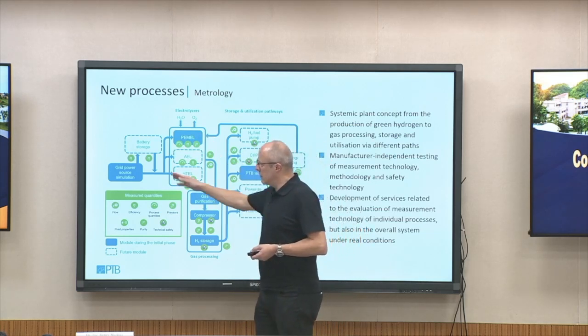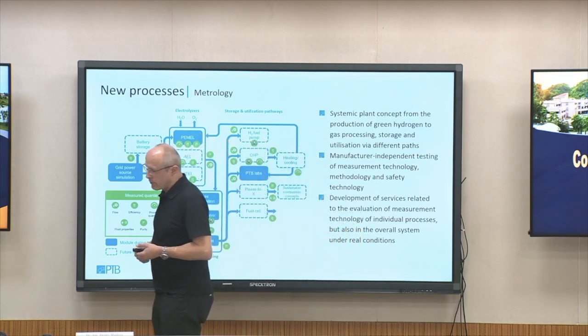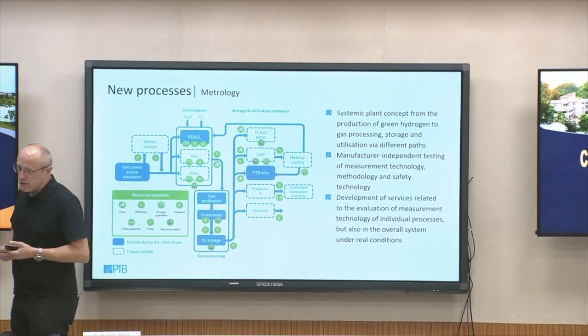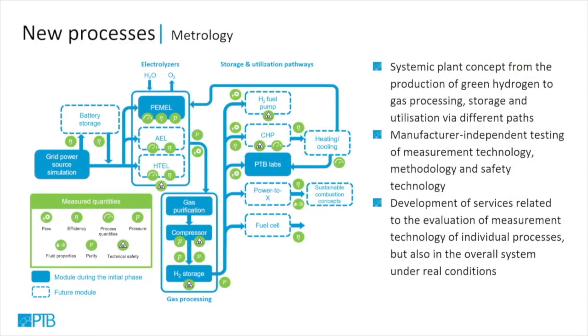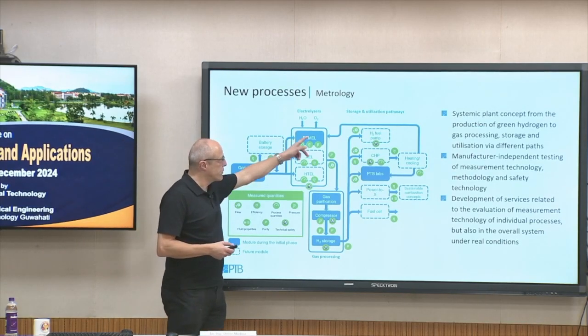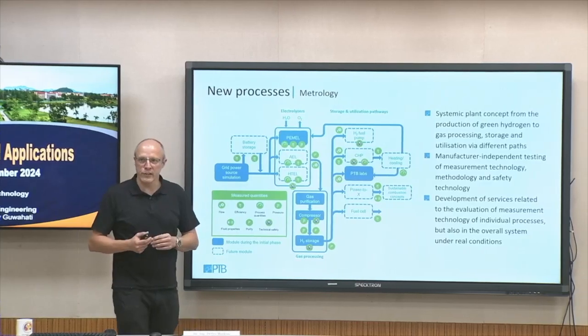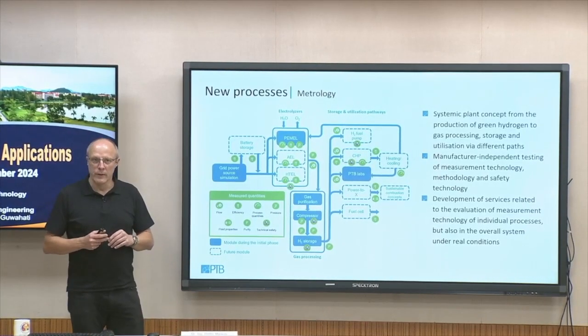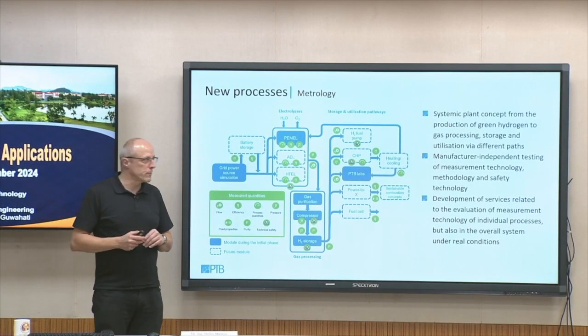The idea is, if you have your energy from renewable sources, you do not have a constant 50 Hertz electrical grid. You have fluctuations in your grid, and the question is, how does this influence the efficiency and safety of typical electrolyzers?